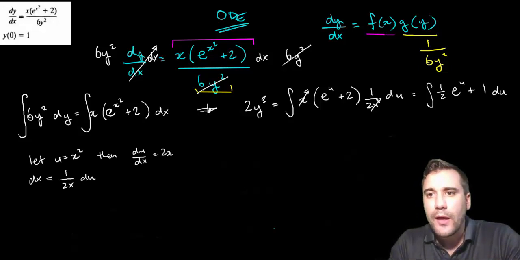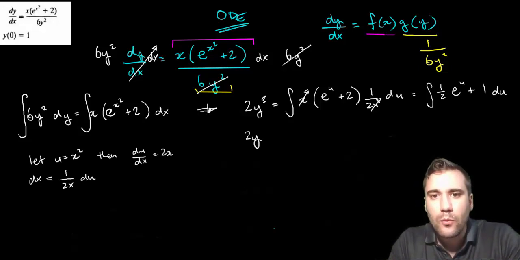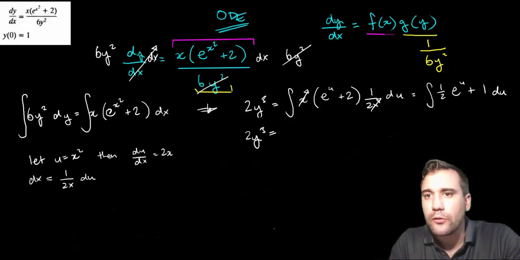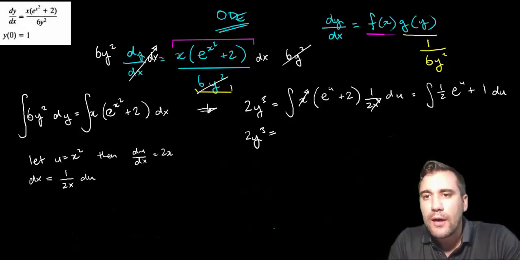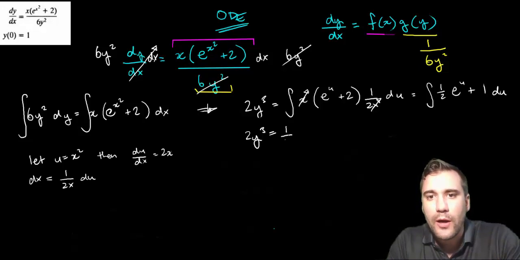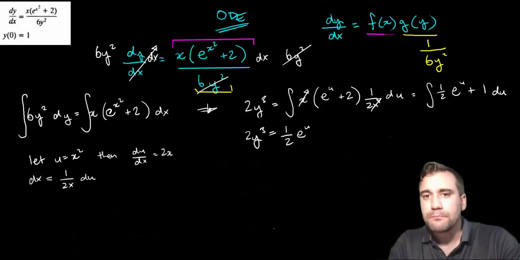So we can solve that now pretty easily, because we can say now that 2y cubed is equal to, well, the integral of 1/2 e to the u is just going to be 1/2 e to the u. And the integral of 1 du is just going to be u.